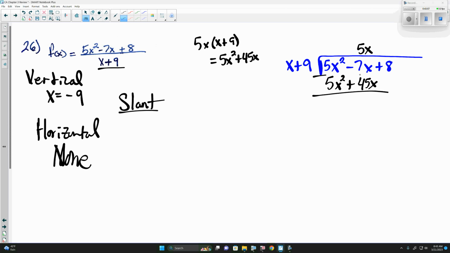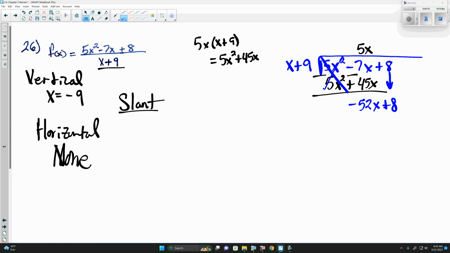And at this point, we would subtract. 5x squared minus 5x squared is 0. Negative 7x minus 45x is going to be negative 52x. We bring down the plus 8.